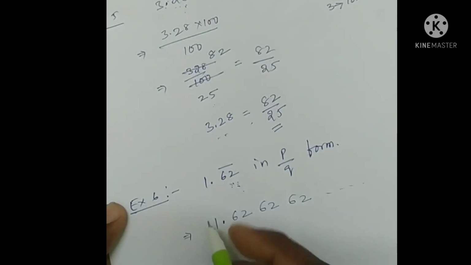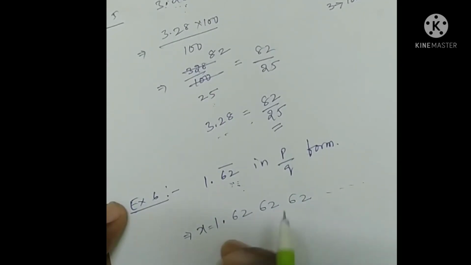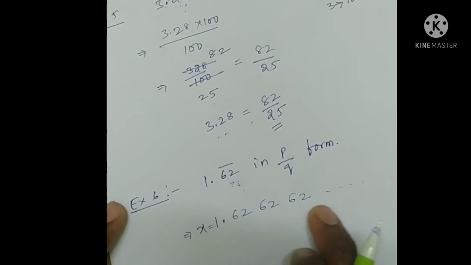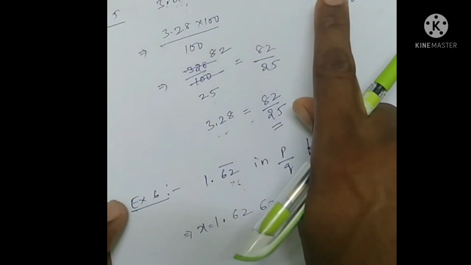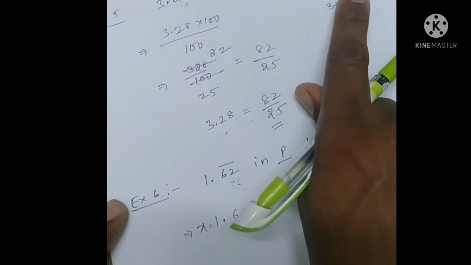Let's take this value is x. x is equals to 1.626262 and so on. For two decimals multiply with 100.